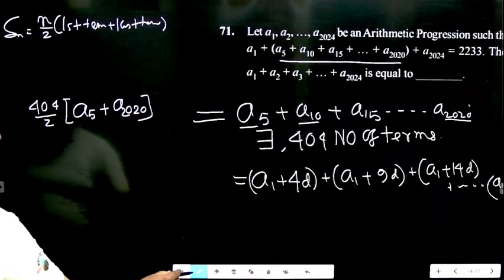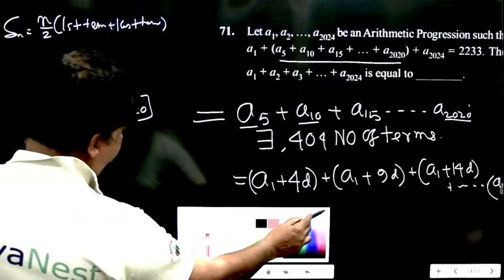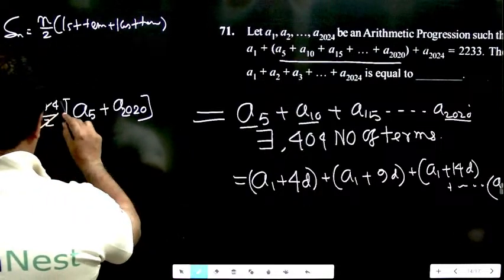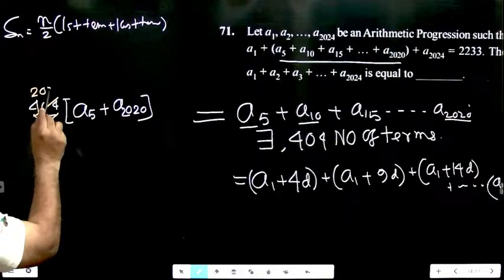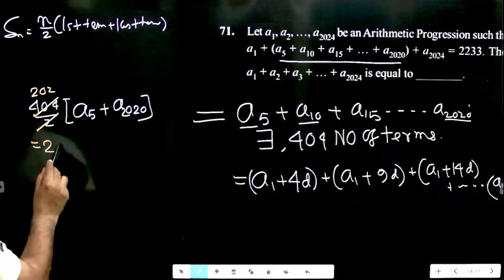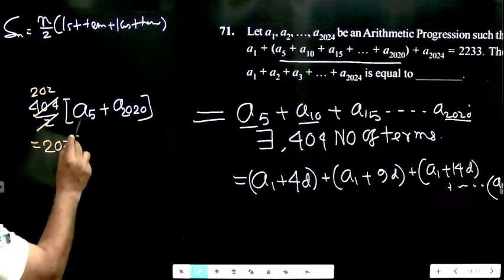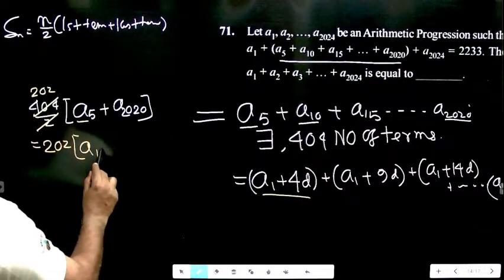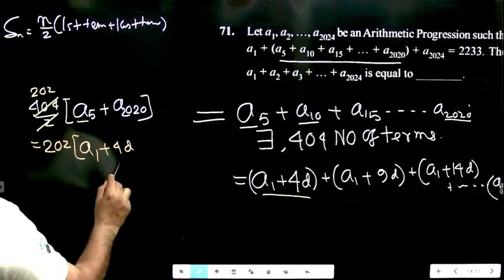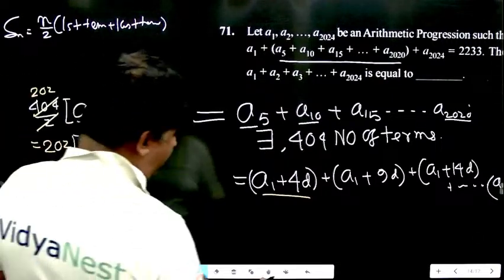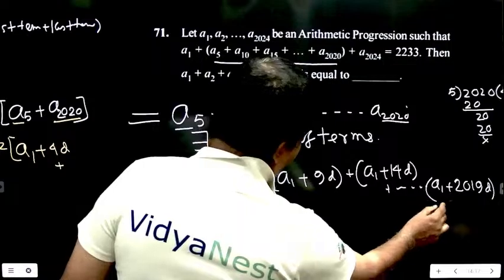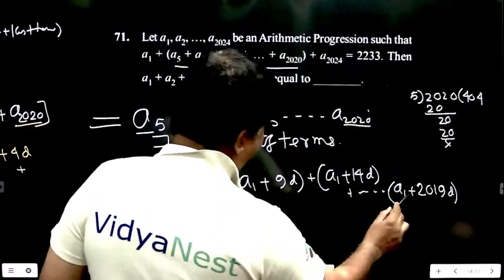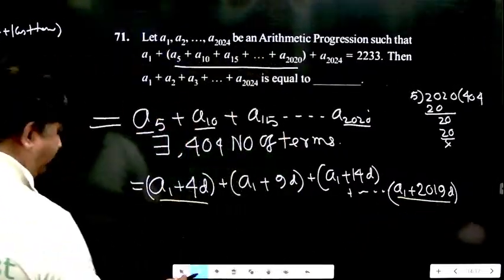Now this part will get cancelled. What is A5? Use this concept: A1 plus 4D. What is A2020? Use that concept: A1 plus 2019D.